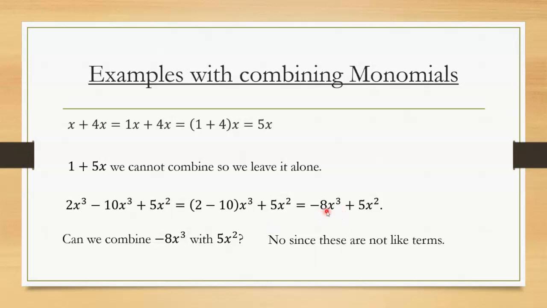Minus 8x cubed. Okay? Now 5x squared and minus 8x cubed, those are not like terms. So because of that, we just leave them alone. We can't combine them.